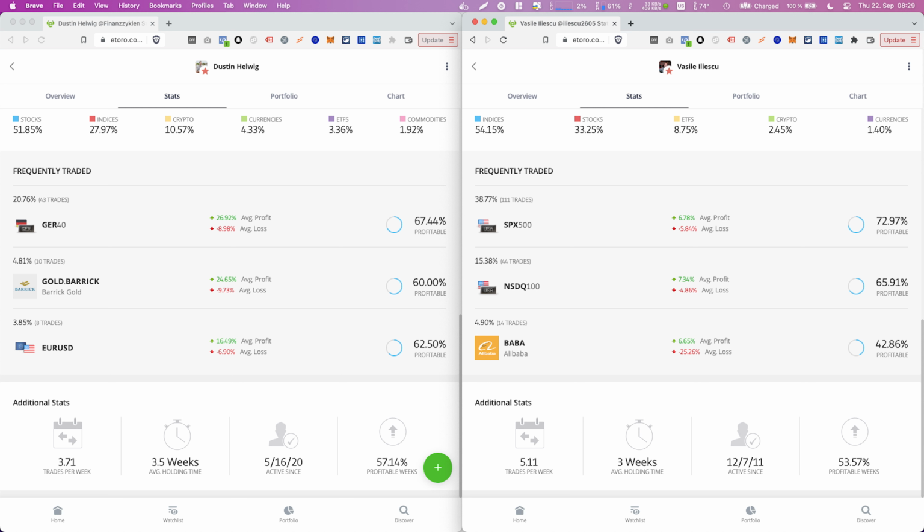At the bottom of the page we can find the almost last piece of the puzzle, and that is the number of trades per week and the average holding period that will give you an idea of how much activity to expect. In this case, both portfolios are quite similar, but if we would have two portfolios with similar returns that invest in stocks, and one of them has an average holding period shorter than 1 year, while the second one has an average holding period of 1 year or more, it's possible that the second one would actually offer you a much higher return if, for example, in your country there is something like a speculation tax for gains made on positions that you hold for less than a year.